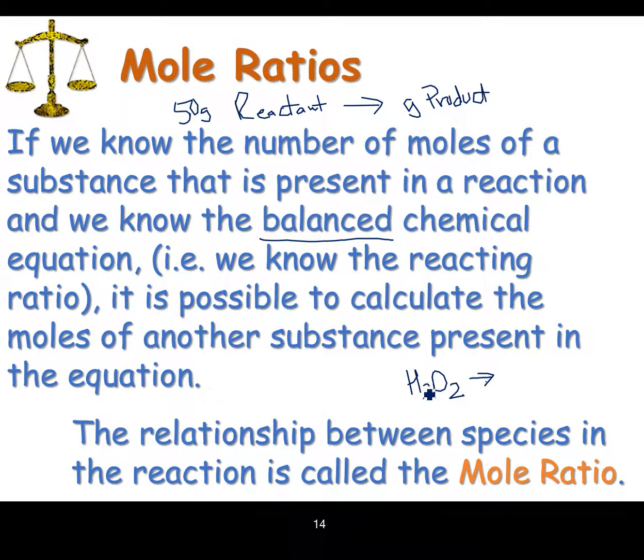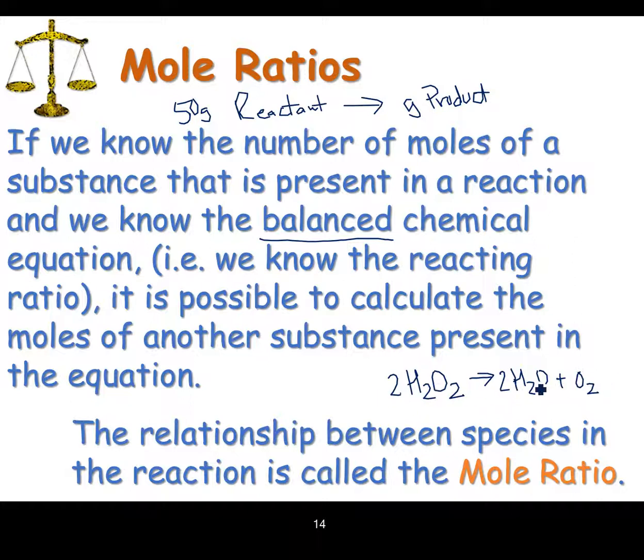To give you one example, let's say peroxide, H2O2. Hydrogen peroxide, H2O2, can break down into water, H2O, and oxygen gas, O2. In balancing this one out, we're going to say 2 and 2. We now have our coefficients.